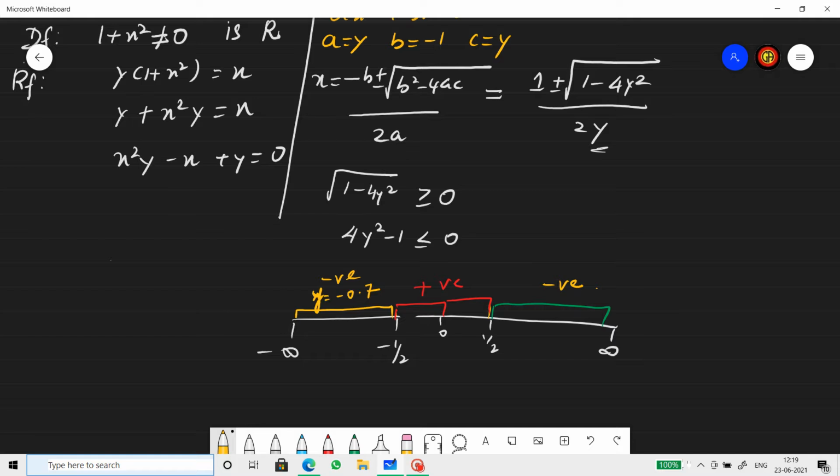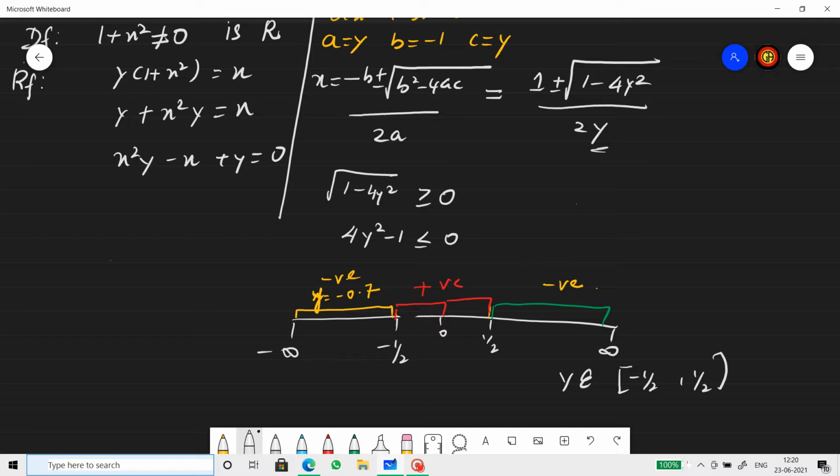So therefore y should belong to minus half comma half. Now the reason why I don't include 0 separately is that when I say the interval minus half to half, 0 is already part of it. Point number 2: can I include the end values or should I put an open bracket?